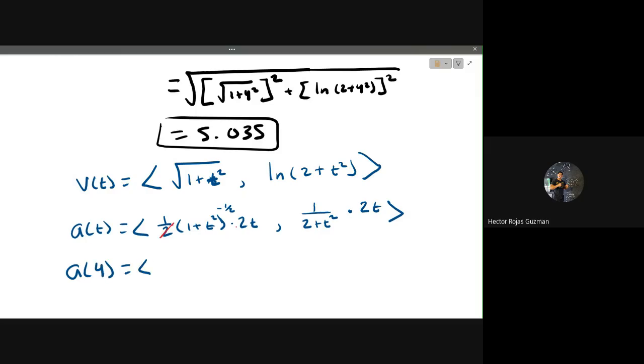Look, this one and this one cancel. This t is a part of your numerator, so I'm going to go ahead and put 4 already. Then this guy is going to be a part of your denominator. So we have the square root of 1 plus 4 squared, comma, 2 times 4, because of this guy, divided by 2 plus 4 squared.